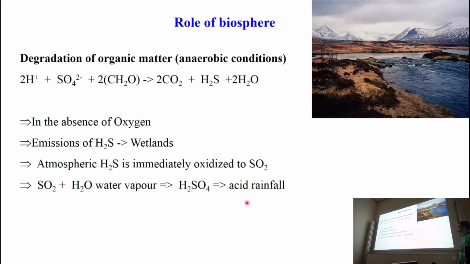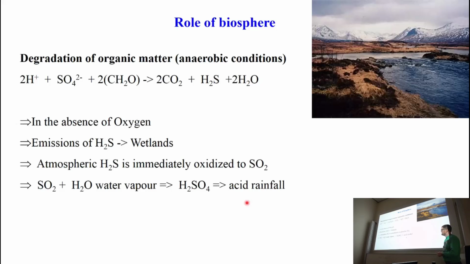In boggy places, we are effectively producing emissions of hydrogen sulfide through the decay of organic matter and use of any sulfate in the system as an oxidizing agent.